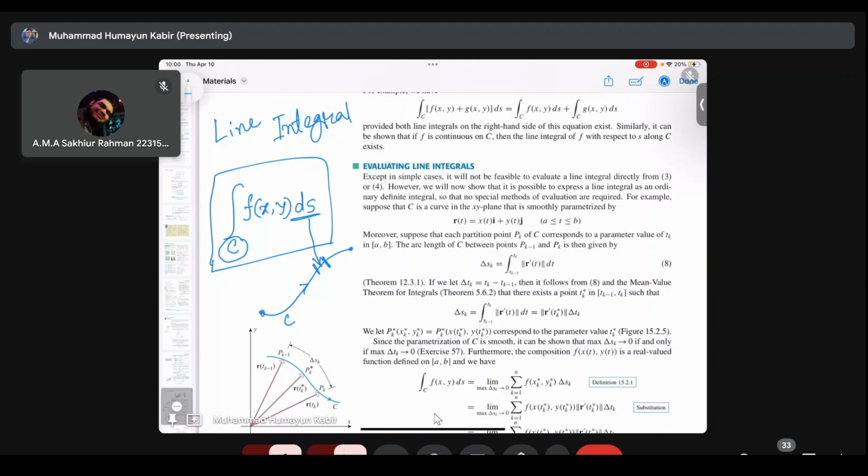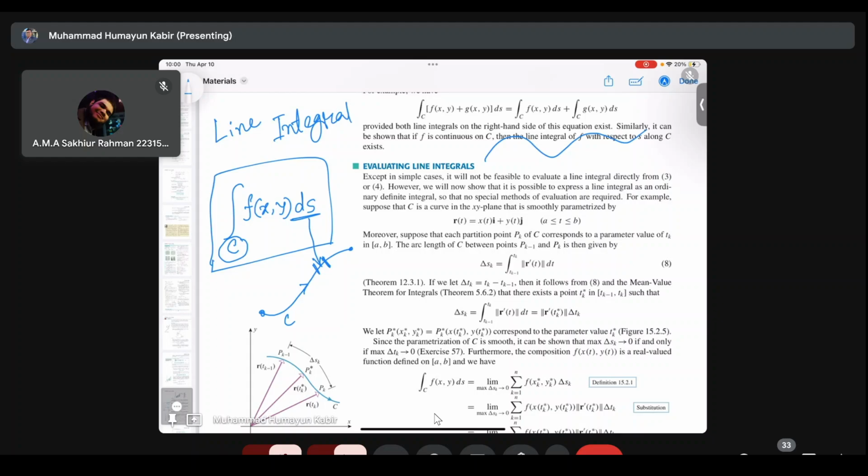I think you know what a smooth curve is. There should not be any sharp point or corner point. That is called a smooth curve. C must be a smooth curve, and f is a function. And ds is a small part of the curve C. Understood? Is it okay?